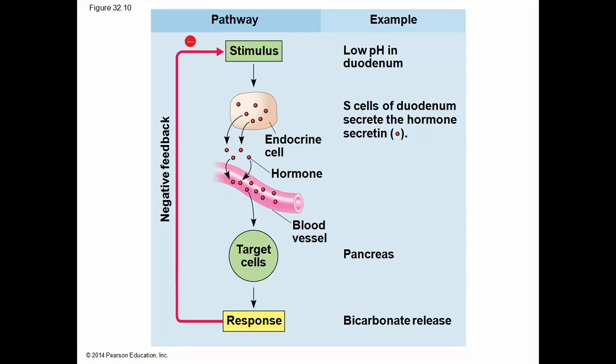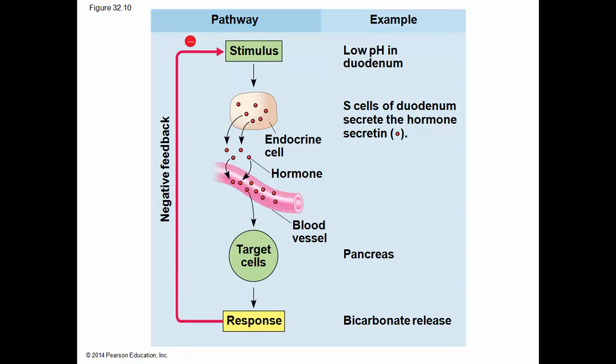Okay, so basically what happens is in your duodenum, which is the first part of your lower intestine, just outside of the stomach, where the stomach empties into the small intestine, that's the region called the duodenum.